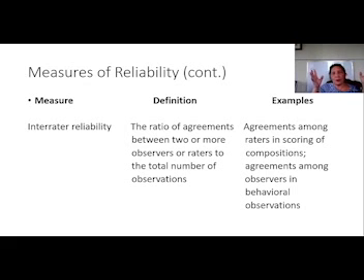It's the ratio of agreements between two or more observers or raters to the total number of observations. So for example, tatlo kaming raters. Ang nire-rate namin ay demonstration lesson ng isang nag-a-apply for admission. For isang nag-a-apply for a job in a particular school.